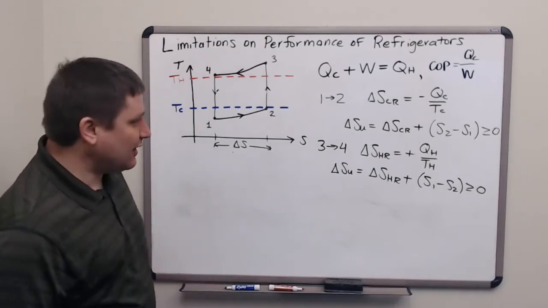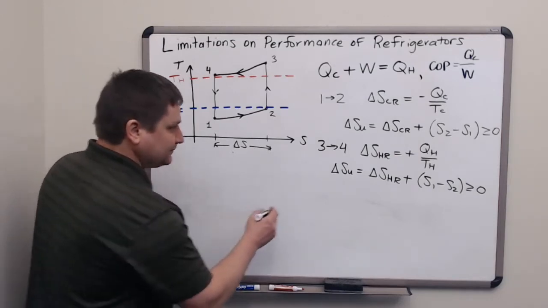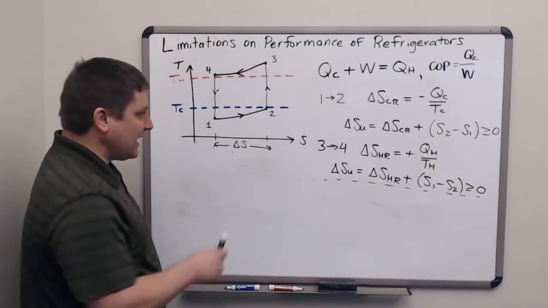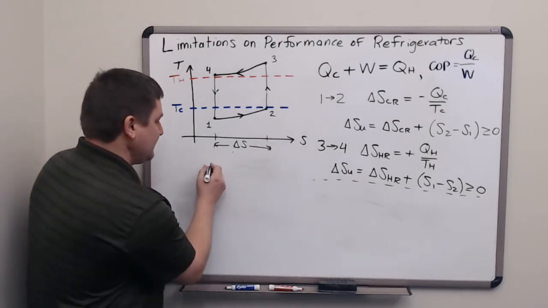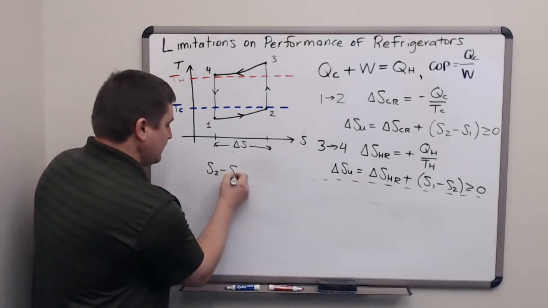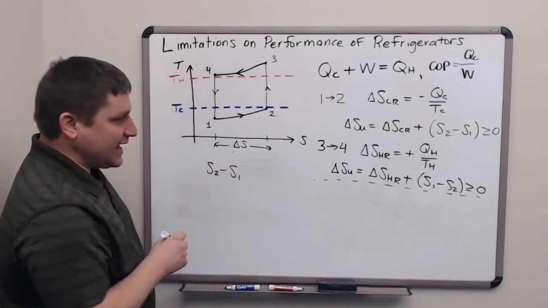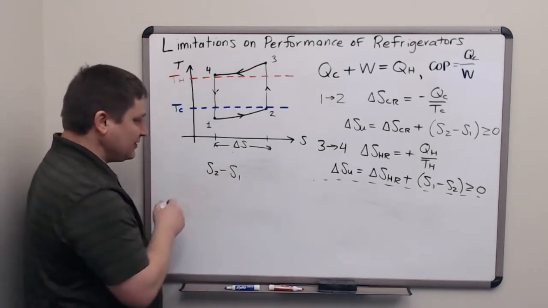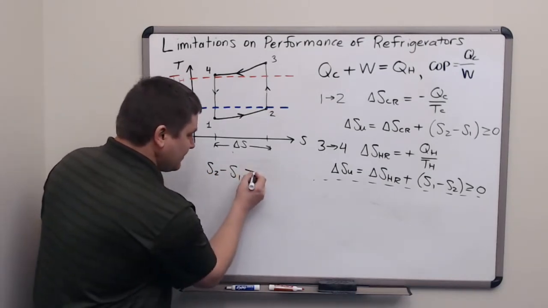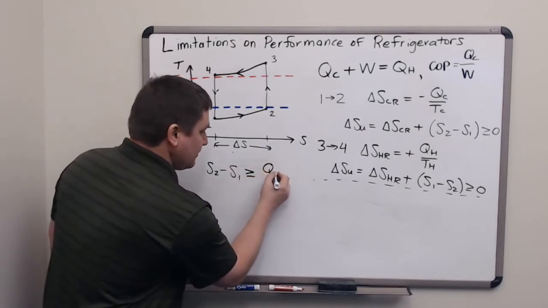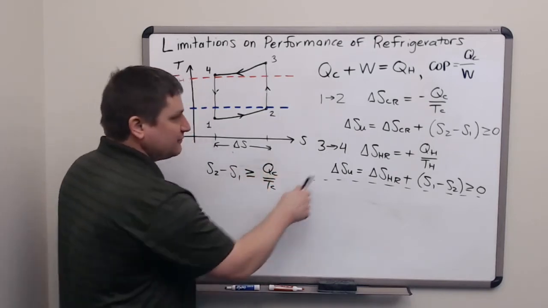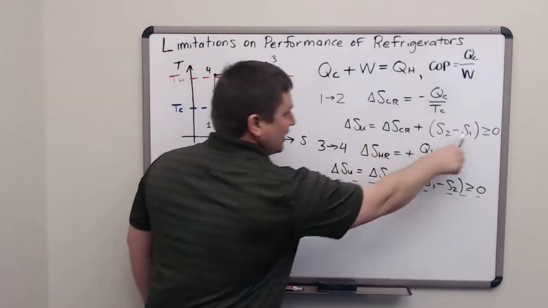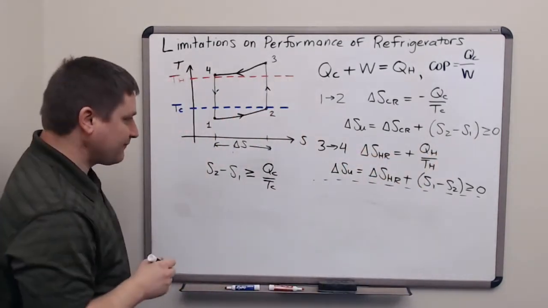Now we have two inequalities. Let's put them together. From the absorption step 1 to 2, we see that the entropy gain of the working substance, S2 minus S1, must be greater than or equal to QC over TC. I've just moved this, SCR, to the other side of the inequality.